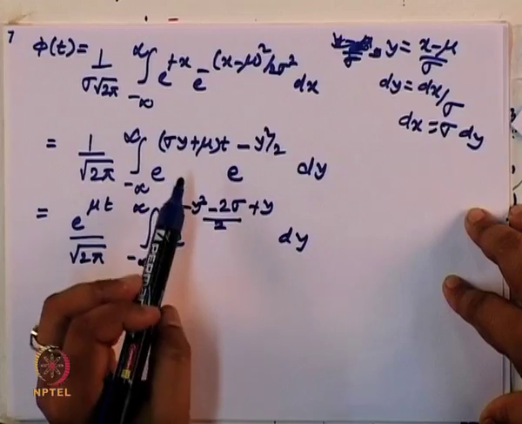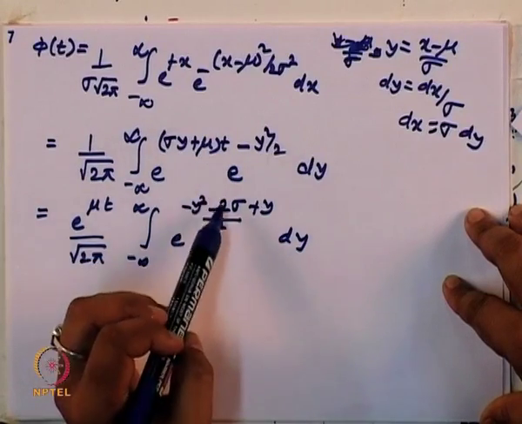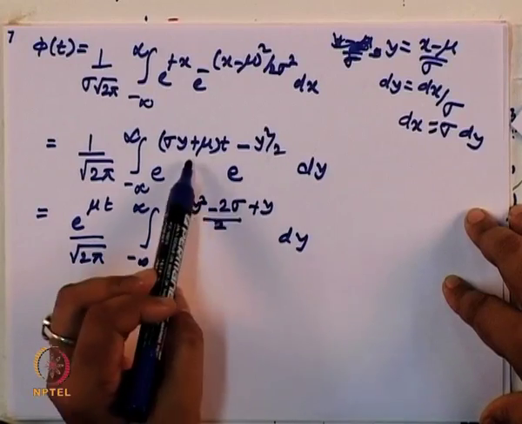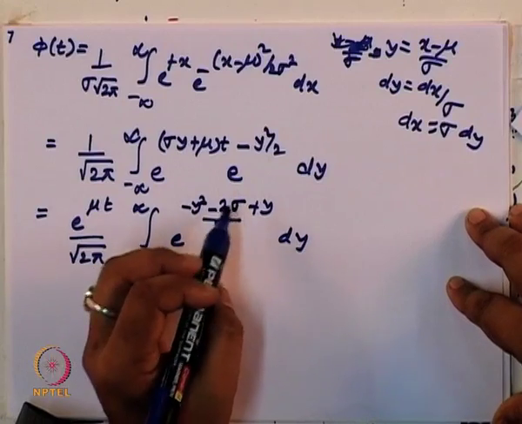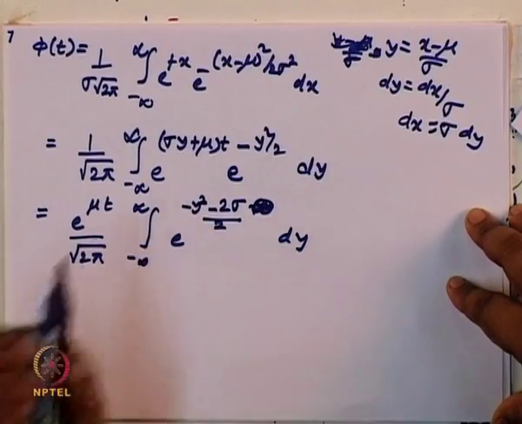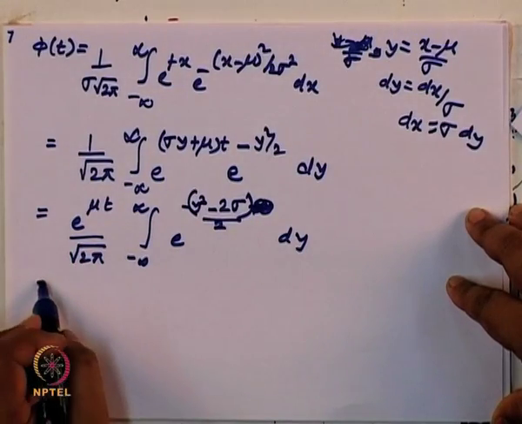So, we have minus y squared by 2 minus 2 sigma. So minus 2 sigma is what you get.